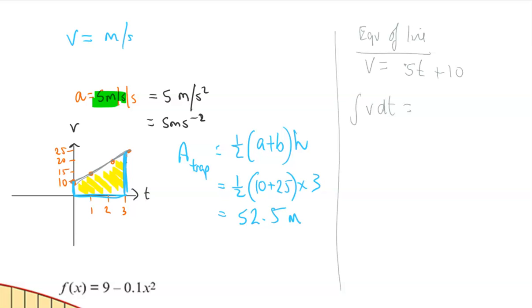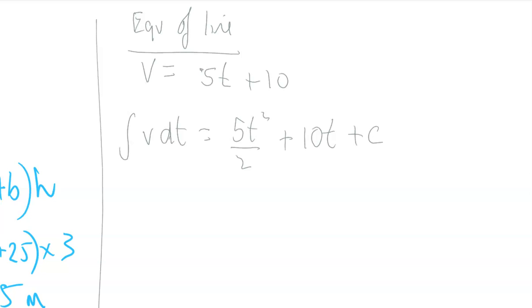So you've got 5t plus 10, integrate with respect to T. Do we agree with that? 5t squared on 2 plus 10t plus this integral constant c? Yeah? Do we agree with that? Does that seem okay? Yep.